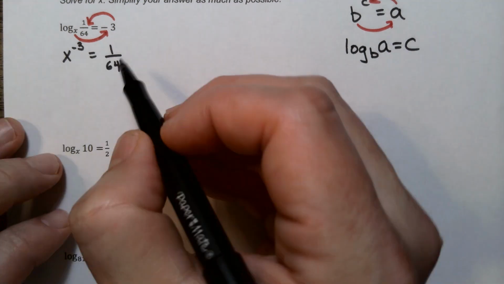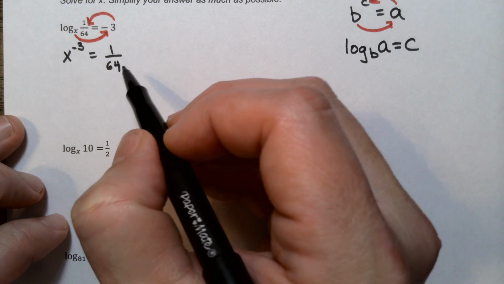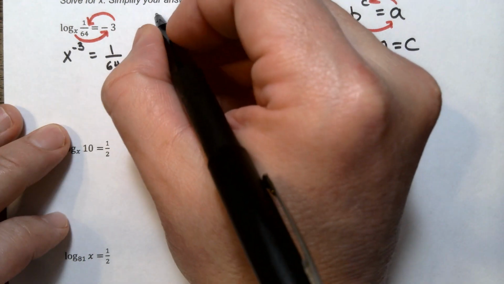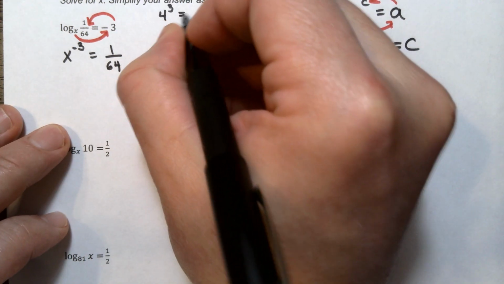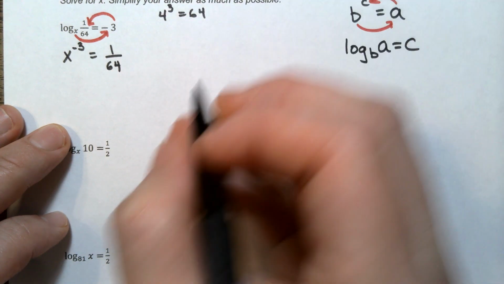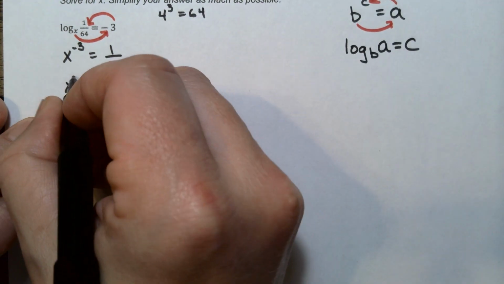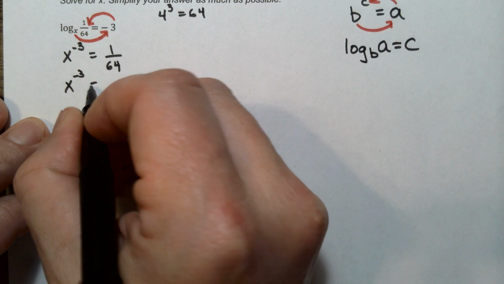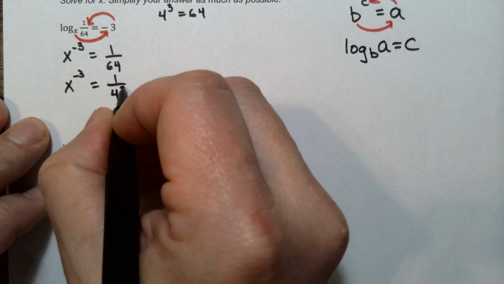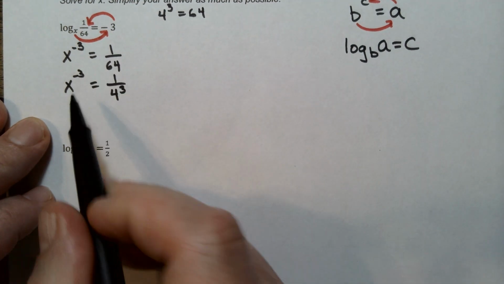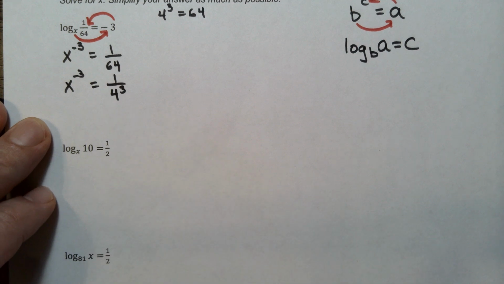If we realize that 64 is the same thing as 4 to the third power, we can rewrite that. So x to the -3 equals 1 over 4 to the third power. The reason I do that is because this side has exponents, so I'm trying to get the same exponents on this side.